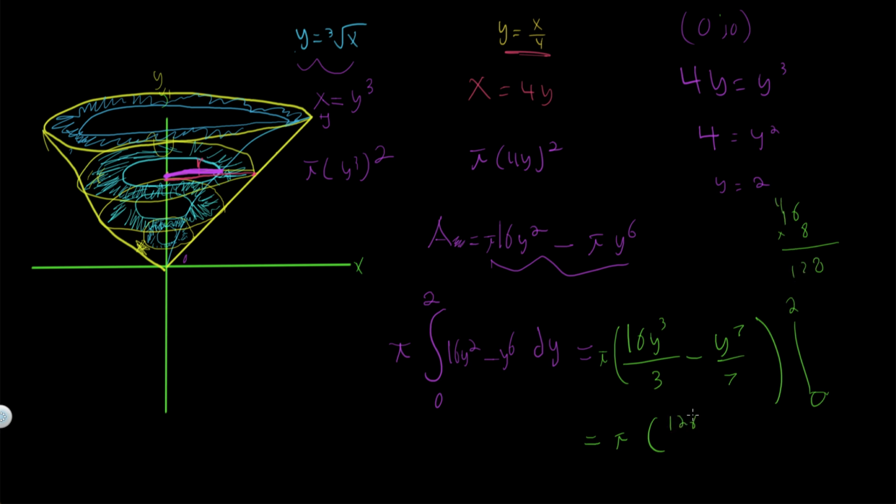So we have 128 over 3 minus, we have y to the 7th, so 2 to the 7th. 2 times 2 times 2 is 8, 16, 32, 64, and then one more, 128. So 128 over 7. I think I'm going to leave the answer like that. So pi times 128 over 3 minus 128 over 7 is the volume of this cone that has some sort of hole in the middle.